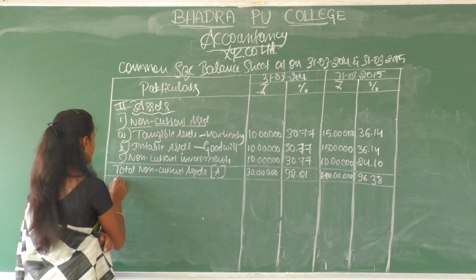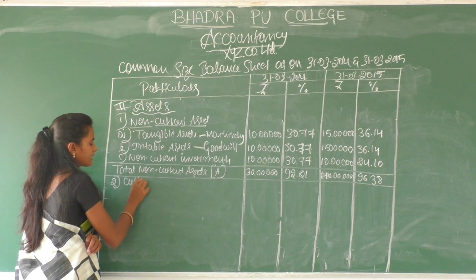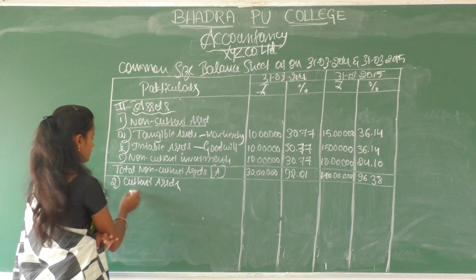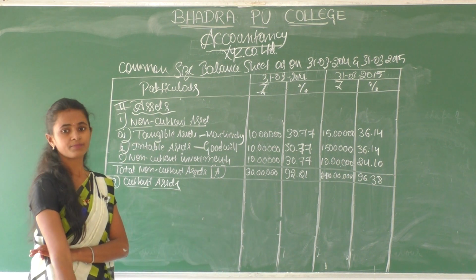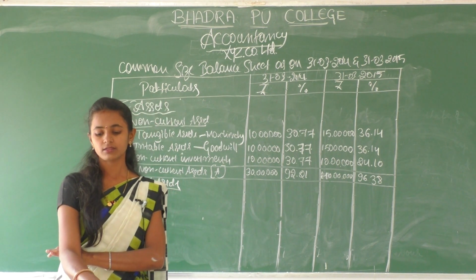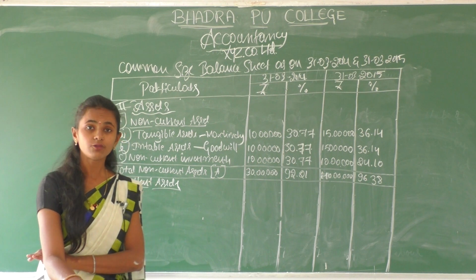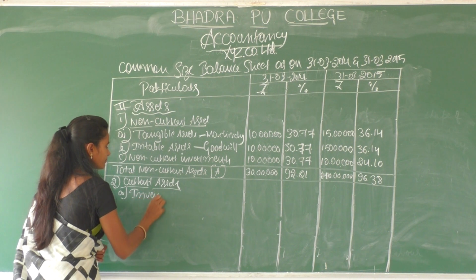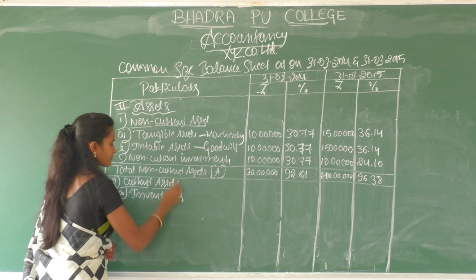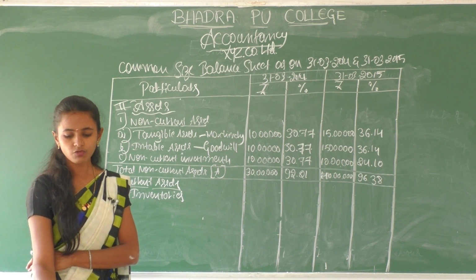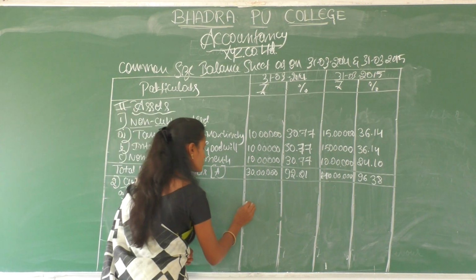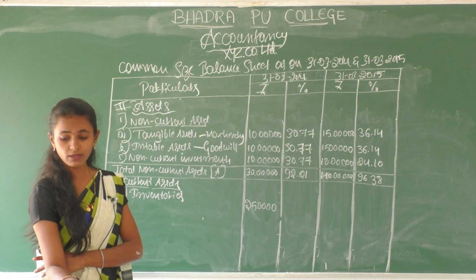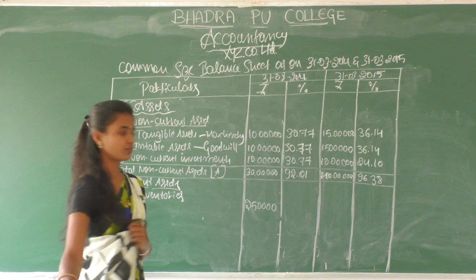And secondly, we have current assets. They have only given one item in the problem, that is inventories. So I am taking inventories here. In case of 2014 it's 2,50,000, and in case of 2015 it's 1,50,000.